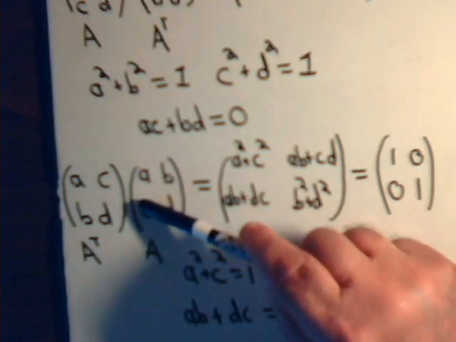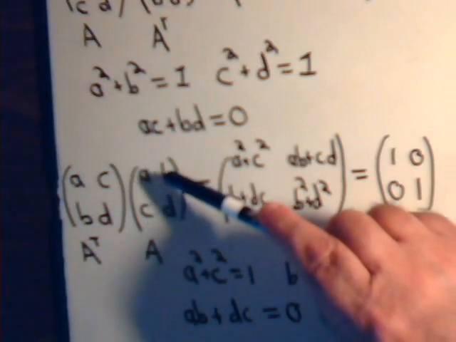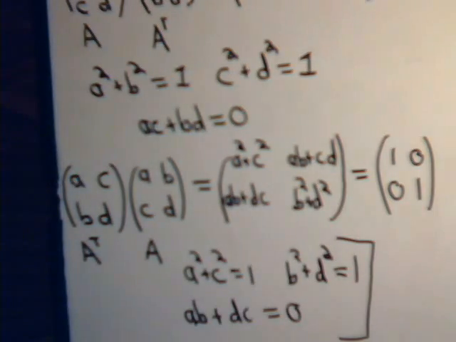So this column vector is a unit vector. So is this one. And if we were to take the dot product or the inner product of these two column vectors, it would be AB plus CD, and we see that equals 0.